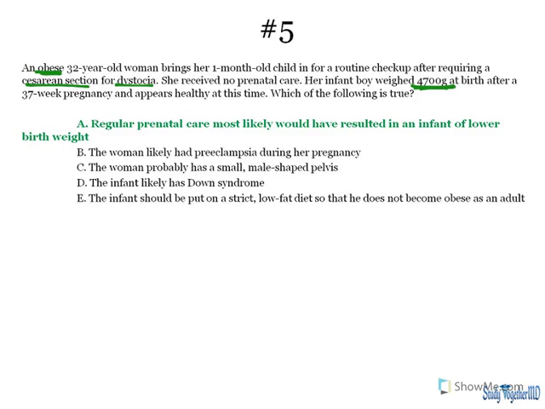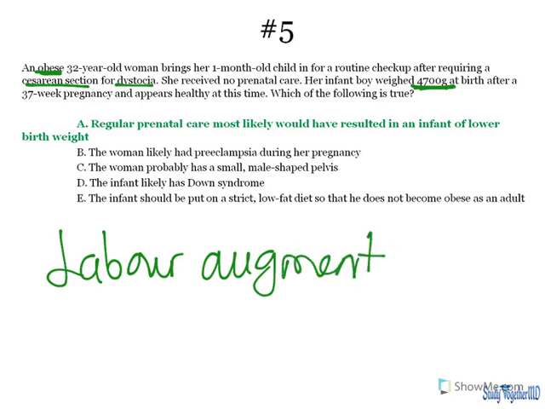It's the most common reason for primary C-section, and it's not that uncommon at all. Actually, about 20% of all labors ending in a live birth involve an arrest disorder. And there's one thing that you absolutely need to remember for this, is that labor augmentation is contraindicated in this setting. Okay? Absolute no.